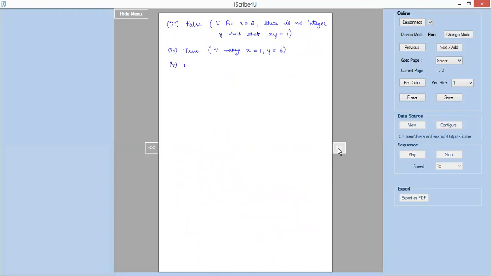So we will write the solution with the reason: false, because the equations 3x minus y is equal to 17 and 2x plus 4y is equal to 3 do not have a common integer solution, and that is the reason this is a false statement.